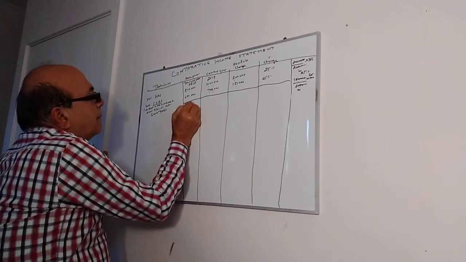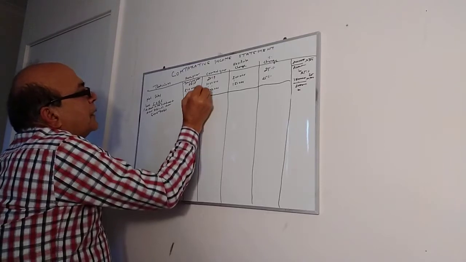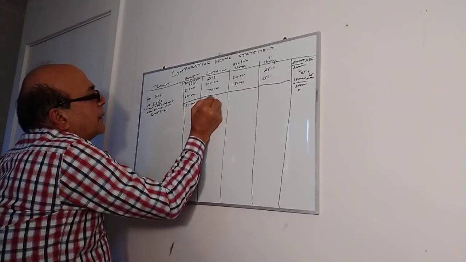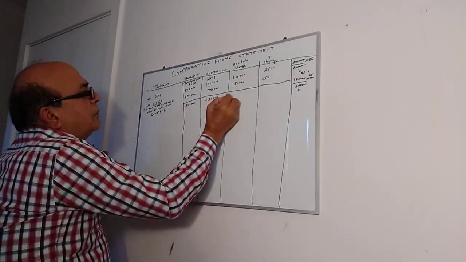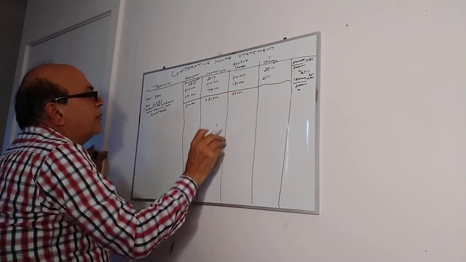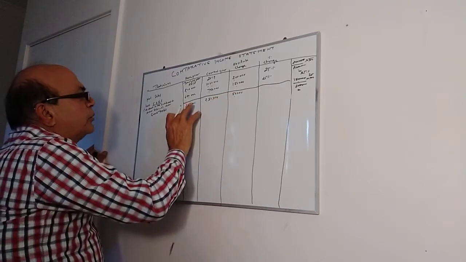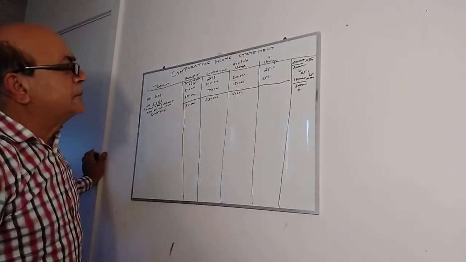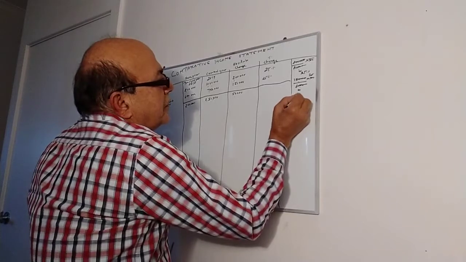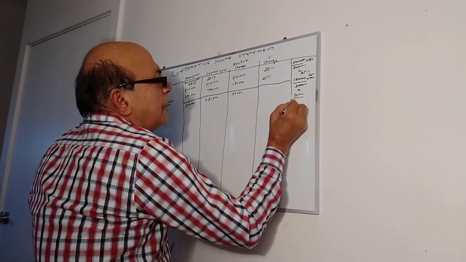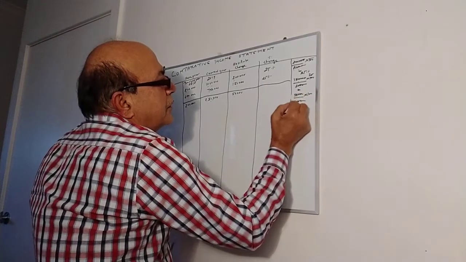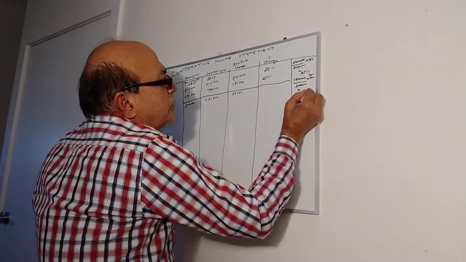Here it is 2 lakh, and here it is 2,50,000. How much is the change? 50,000. How do we calculate the percentage change? 50,000 upon 2 lakh into 100. This is also coming 25%.